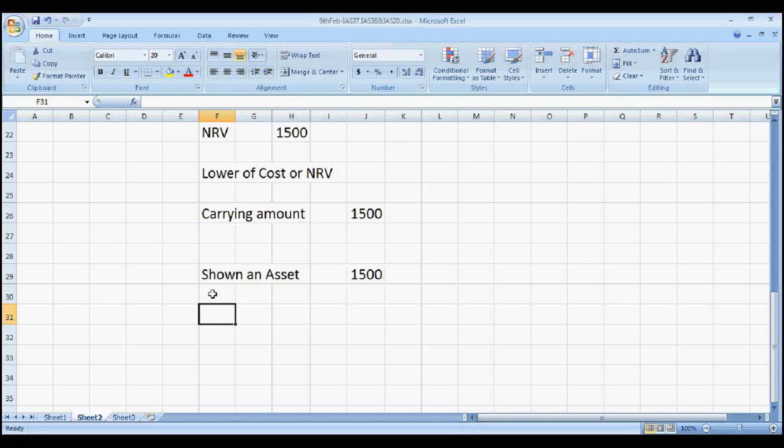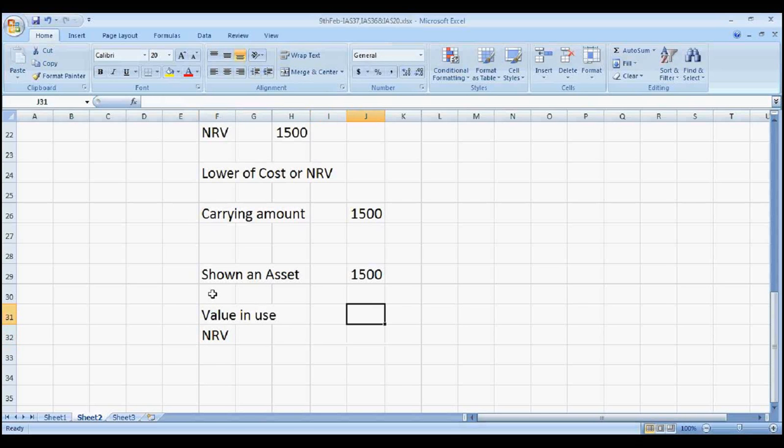It simply means that 1500 worth of economic benefits will flow to me. The carrying amount of an asset indicates that 1500 worth of economic benefits will flow to the entity in any form. Any form means either I use it, or I sell it in the market.